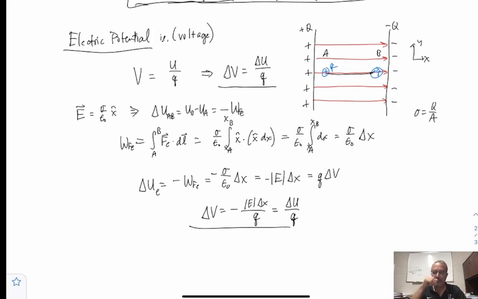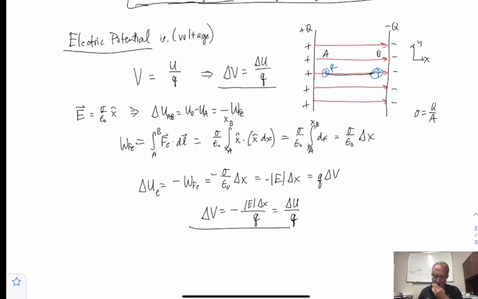All right? A decrease in potential energy. But it also lowers the voltage as the charge moves from the positive plate to the negative plate. Now remember that the voltage is the amount of potential energy per unit charge. And so what that tells us is that the voltage is higher near a positively charged plate than it is near the negatively charged plate.